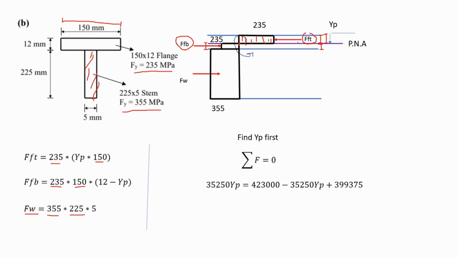So what am I going to do? I will consider the first part of the equation. This would be FFT, and these other ones taking the other direction. So this one would be FFB, and this one would be FW.